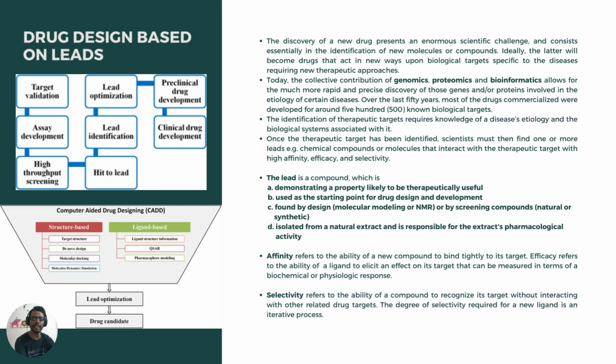Means selectively it chooses the target molecules, which indicates the selectivity of the lead molecules. The degree of selectivity required for a new ligand is an iterative process, an important consideration we need to look for. So the degree of selectivity also should be good for a new lead molecule. So these are the important properties of lead molecules: affinity, efficacy, and selectivity.